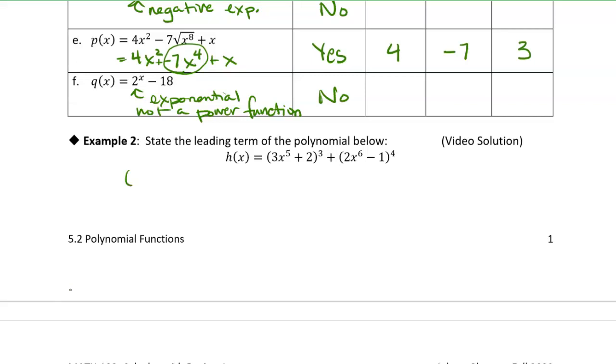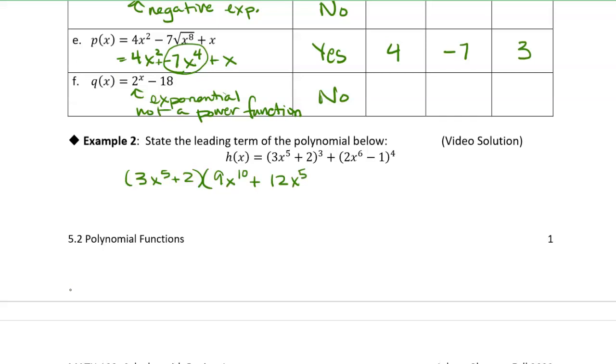So that first one, this is 3x to the 5th plus 2 times 3x to the 5th plus 2 times 3x to the 5th plus 2. So I'm going to square one of these, and I'll end up with 9x to the 10th, that's the first term squared. The middle term is first times last times 2, so I'm going to end up with 12x to the 5th.